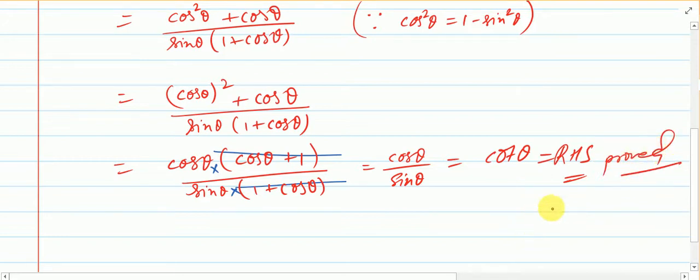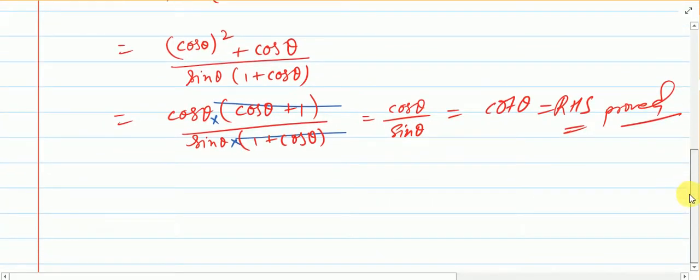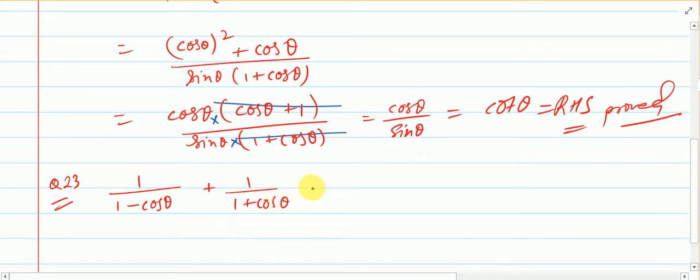Now let us see the next question, 23. It is 1 upon (1 minus cos theta) plus 1 upon (1 plus cos theta) is equal to 2 times cosec square theta.